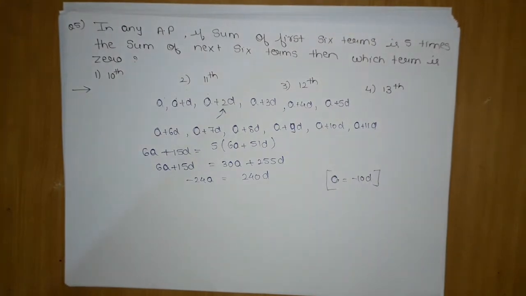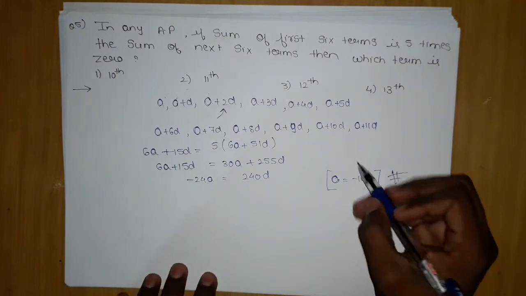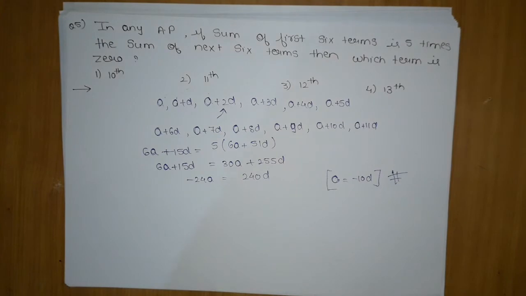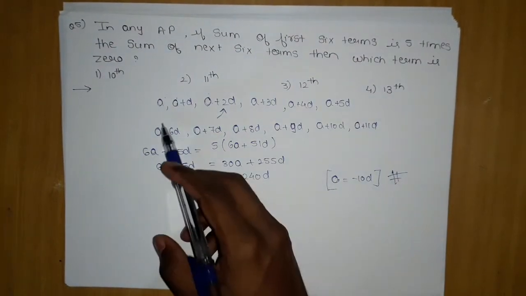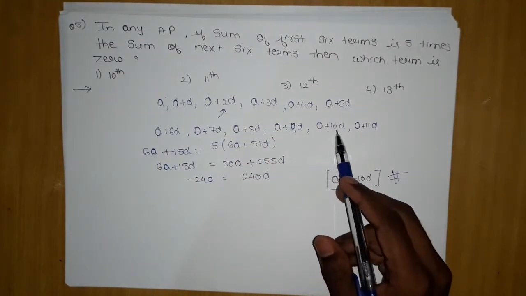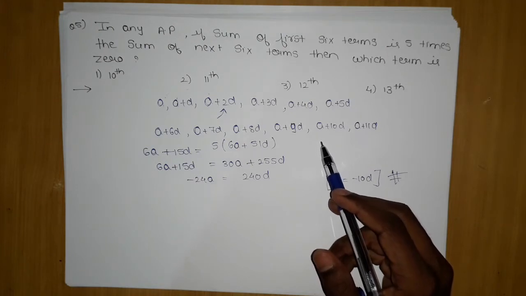Now our answer is this, but how? The thing is that if you put a equals minus 10d in all the terms which you have considered, this will not become 0, this will not, this will also not, but this will surely become 0, because this term is a plus 10d. So if you put a equals minus 10d, then it will become 0.